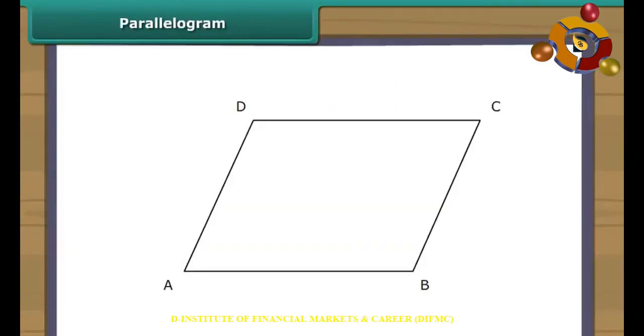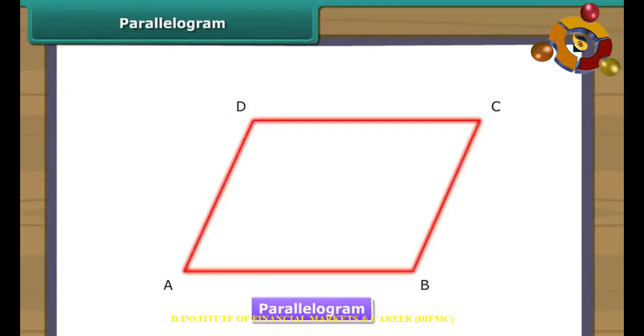Parallelogram. Students, see the following figure. Can you name the figure? It is a parallelogram. A parallelogram is a four-sided closed figure having opposite sides parallel to each other. Can we find the area of this figure? Yes, by using the formula for the area of a parallelogram.